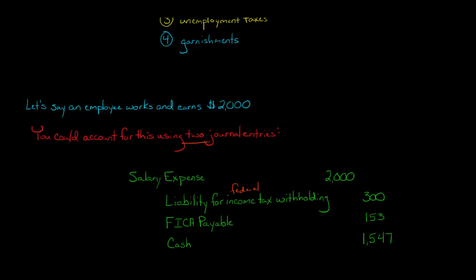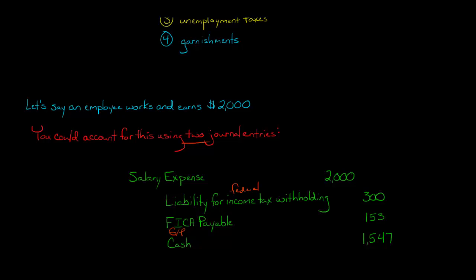Then also I mentioned the FICA. This is the Social Security tax. So we've got FICA payable, okay, so $153. And then the actual cash that the employee receives is less than $2,000. So even though they've earned $2,000, they receive a little over $1,500. And if they had some garnishments or something, then you'd have garnishment payable right here.